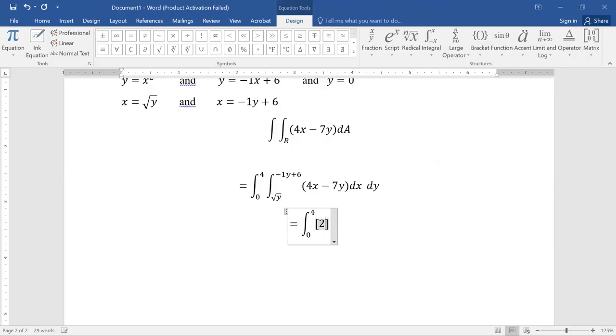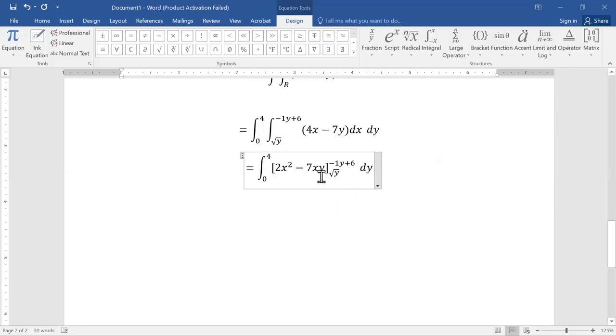Integrate X, I get 2X squared minus 7XY, or minus 7YX, doesn't matter, from the square root of Y up to the line of negative 1Y plus 6. Again, we're plugging these in for the X.